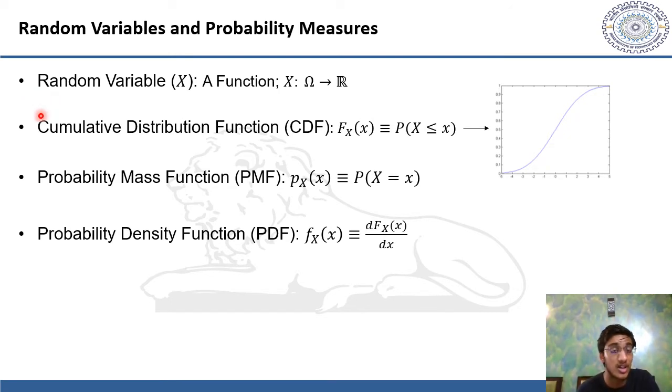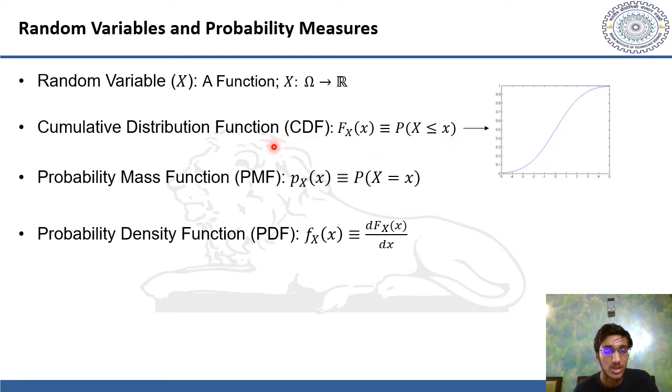The first probability measure which we define is the cumulative distribution function, or the CDF, which is denoted by Fx of small x, and it is essentially the probability of this random variable x taking on a value less than or equal to small x, wherein x is an element of the real space.